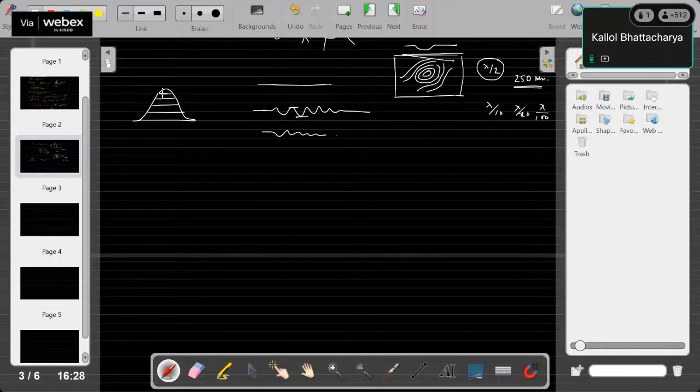Now if you look from the top, if you take a helicopter and go to the top of the hill, then it will look something like this, assuming that the contour is spherical. If the contour is not spherical, for example, if it is spread on this side, it will look like this. So this is what a fringe is.